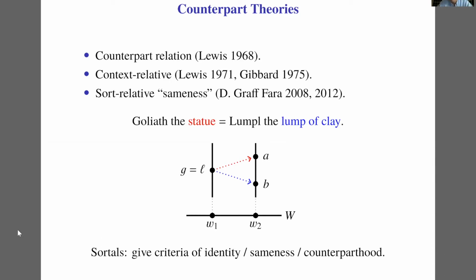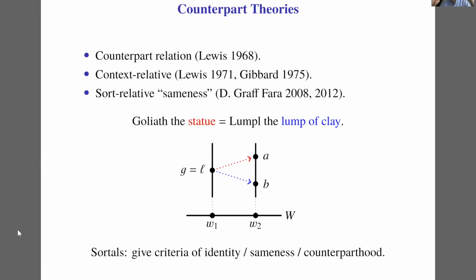But it could have been otherwise. So the point of the example is that this thing, Goliath the statue, namely the lump of clay, identical in this world, may have different trans-world identities: one qua Goliath and the other qua Lumpl.